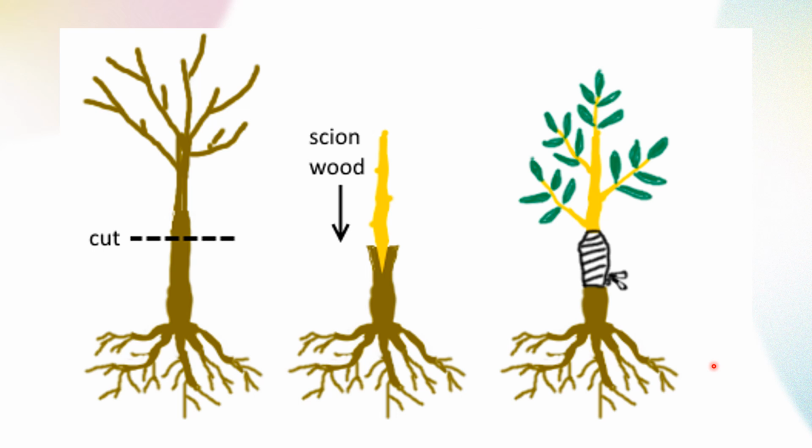Here we have a diagram for you. So we have this fully established adult plant. We cut it. So this part here is the rootstock. We now have another plant that we want to insert into this rootstock, so the scion. Maybe this is some type of apple tree that we want to grow, but we do not want to wait for it to fully develop, because apple trees can take 2 or 3 years to fully develop.